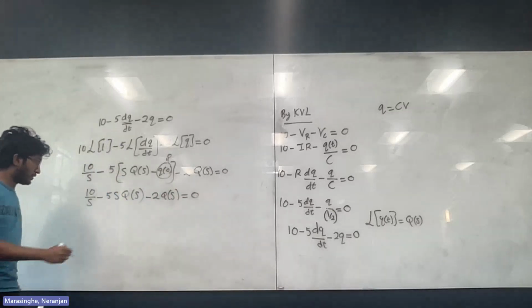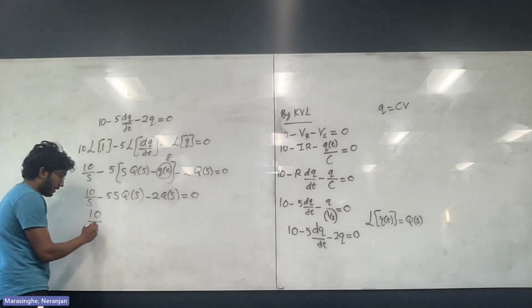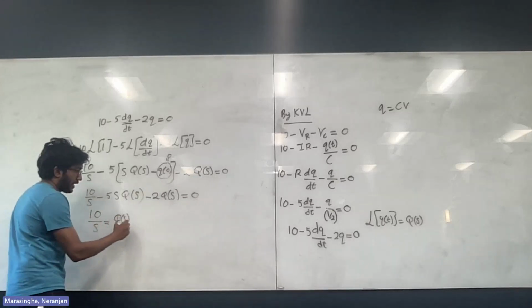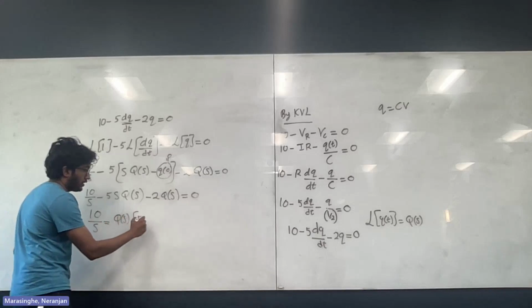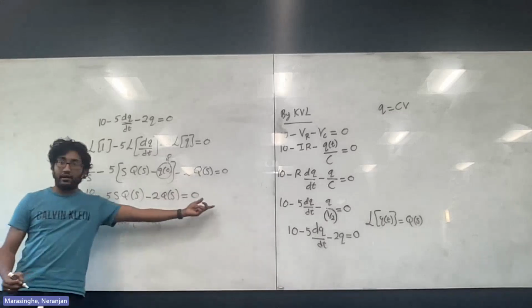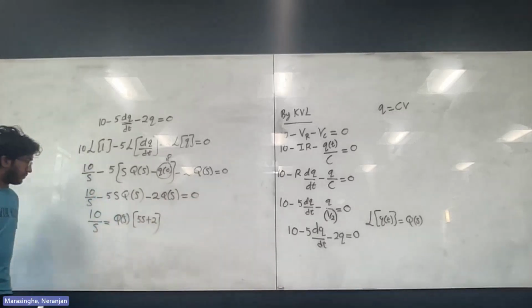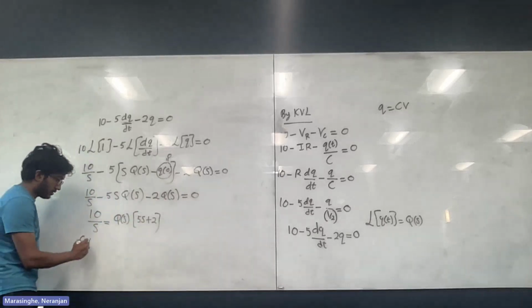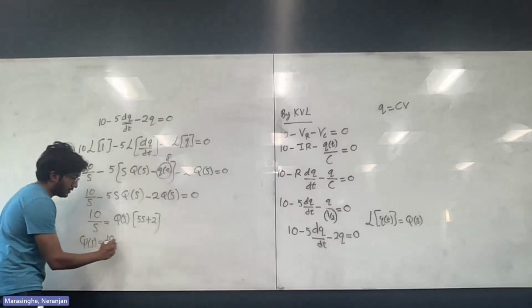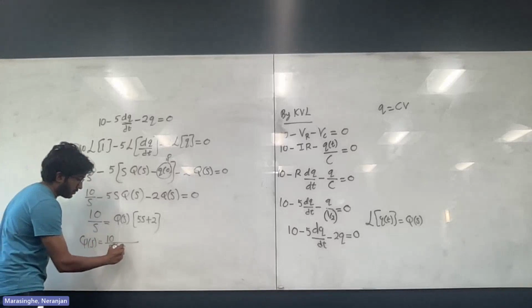Q(s) times (5s plus 2). I would get 10 divided by s is equal to Q(s) times (5s plus 2), taking these two terms to my right hand side. So what is Q(s)? Q(s) is equal to 10 divided by s times (5s plus 2).